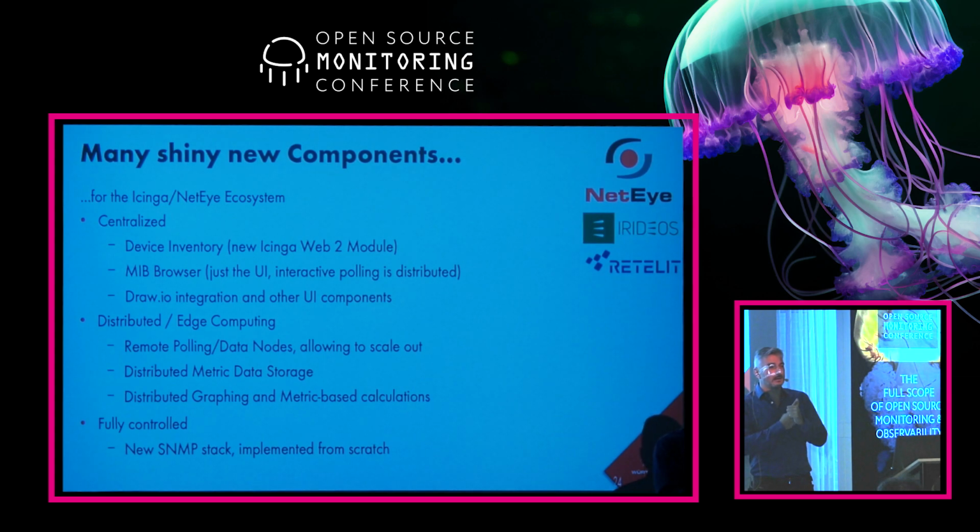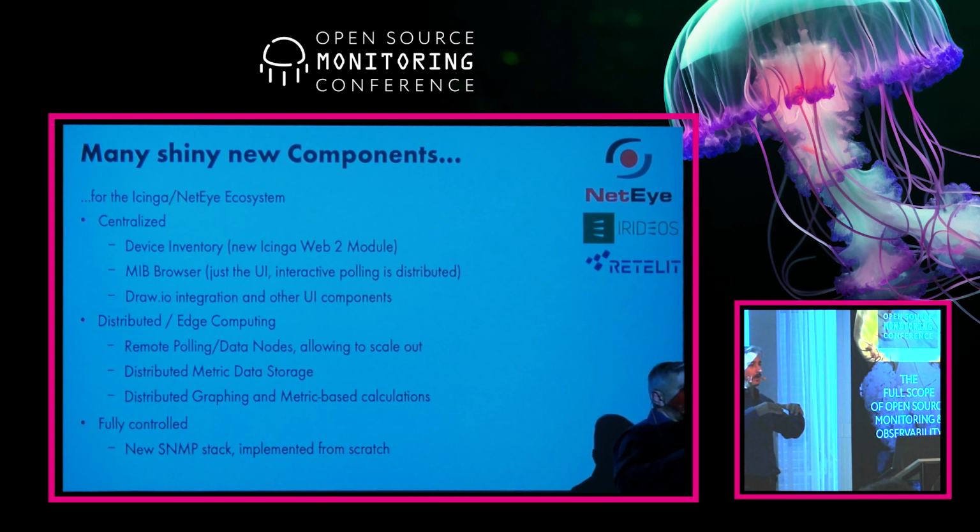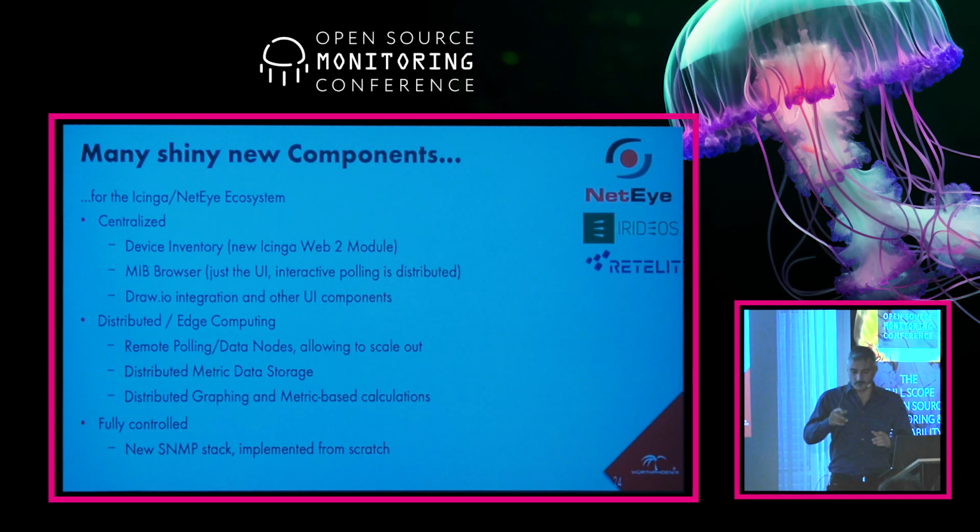So we have a device inventory, not only for SNMP, but in a module-agnostic way, where a lot of modules could ship or store some data. Currently, it has, well, we'll see it right now. We have this nice MIB browser, which initially I hated, but right now I really love it. I use it every day, but it helped me a lot to write the rest, what we're going to see right now.